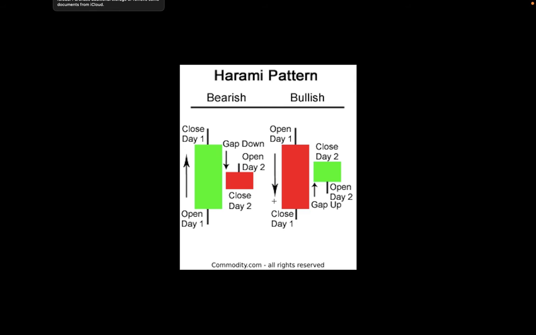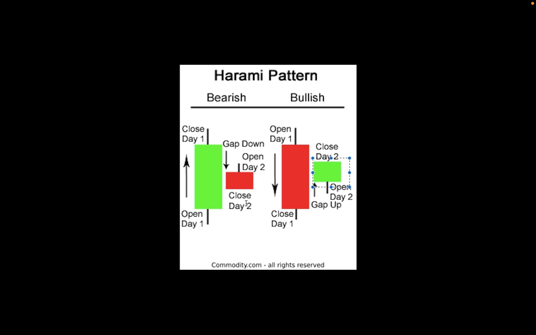First of all, the Harami pattern is a Japanese candlestick pattern represented by two bodies. The first is larger, red, and the second one is green. The name comes from the Japanese word meaning pregnant in English, because the graphic resembles it.